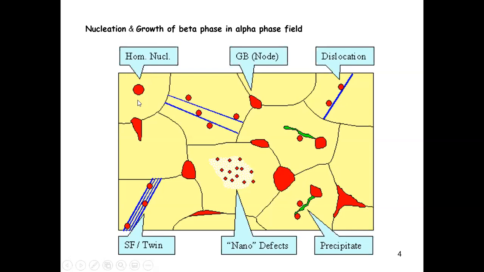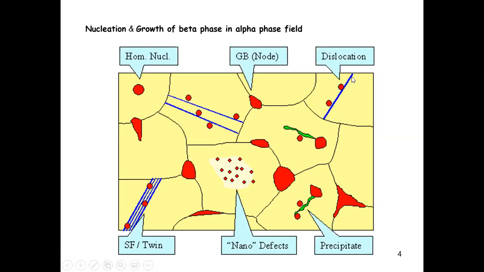But this is the typical thing that you will see in a liquid, right? In a solid material and solid phase transformation, the alpha phase has a microstructure, and this microstructure means a lot of things. It means that you have grains, grain boundaries, and all different types of defects.